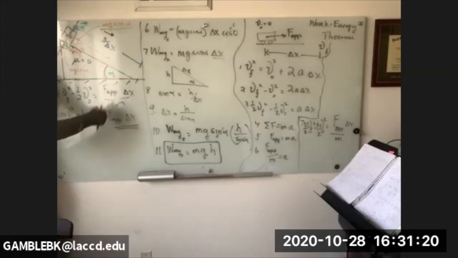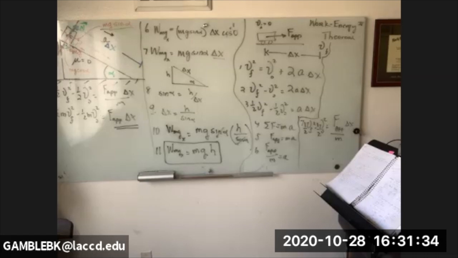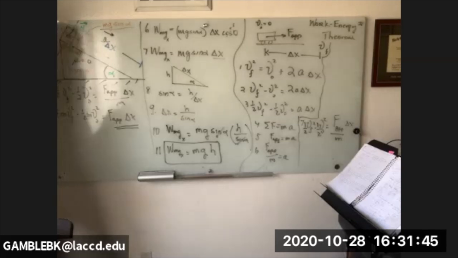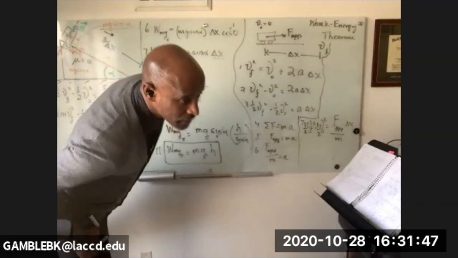What is this quantity on the right? Force times delta x. Is that what we're doing right now? You tell me. That's the question. What are we doing right now? What do we call it? Who said that? Dami, yes.